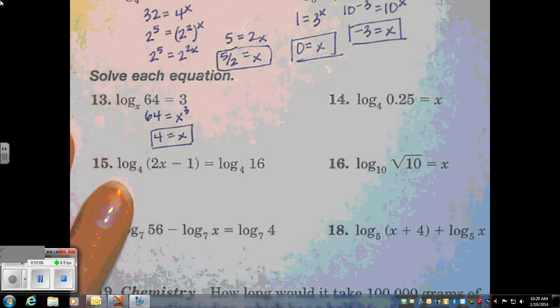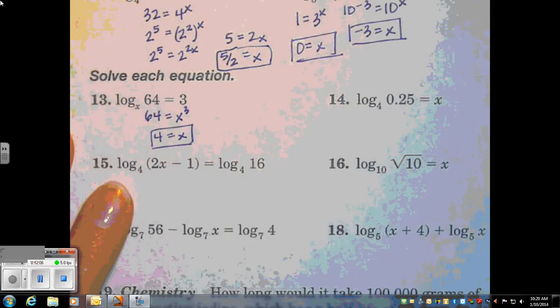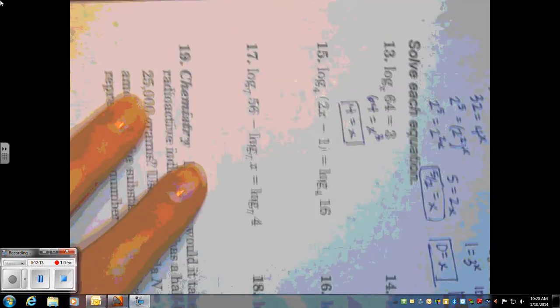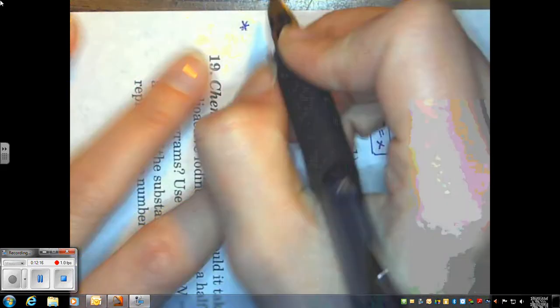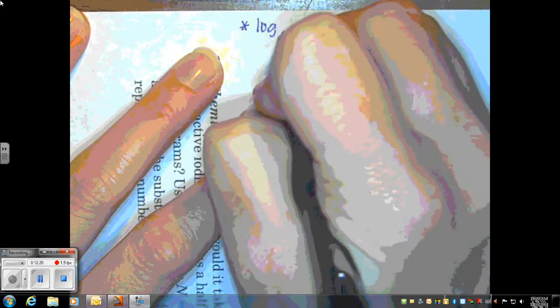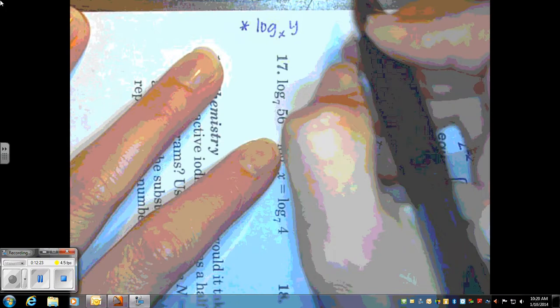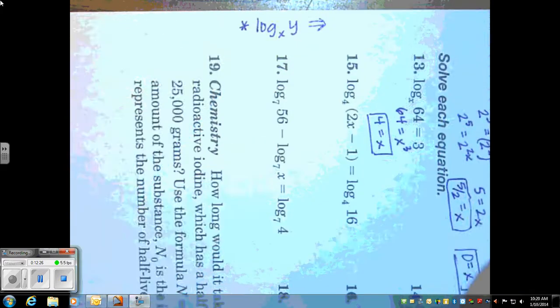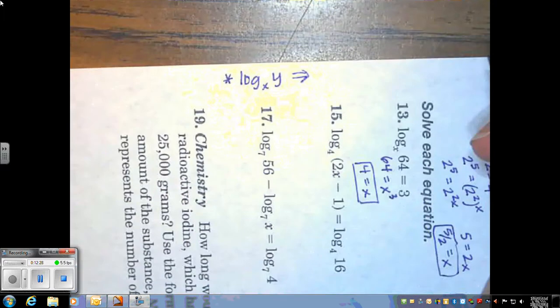Now, something you need to know, and I would write this alongside the left-hand side of your worksheet. If I have log base x of y, I'm just using those in place of numbers right now.